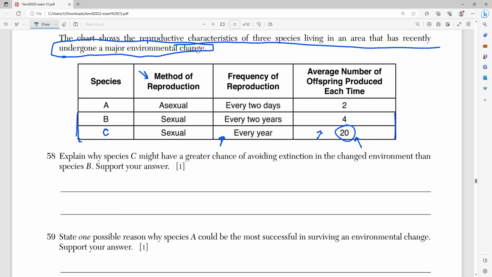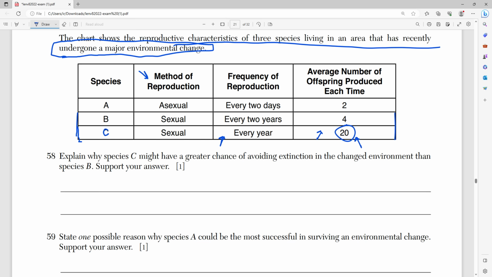So because they're reproducing quicker and because they have a higher number of offspring produced with each reproduction, there's a higher chance that some variation will enter the species, that one of them will accidentally mutate a helpful, beneficial gene, and because that gene will be introduced, it'll be passed on.